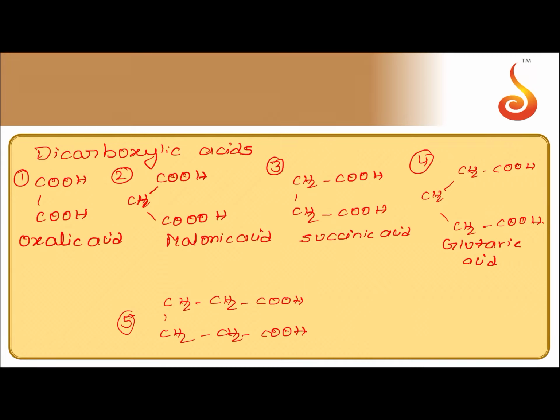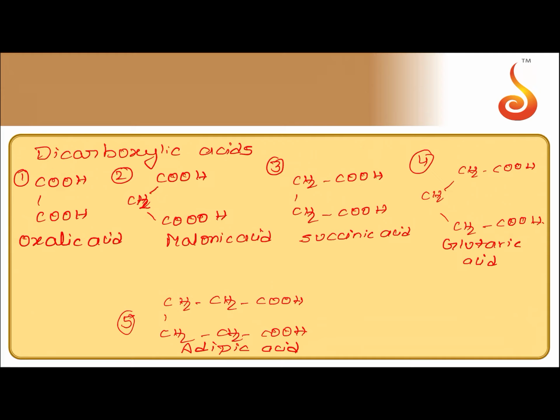Oxalic acid. In between two COOH groups, if there is only one CH2, it is malonic acid. If there are two CH2 groups in between the COOH groups, then it is succinic acid. If there are three CH2 groups, glutaric acid. And if there are four CH2 groups, then it is adipic acid.